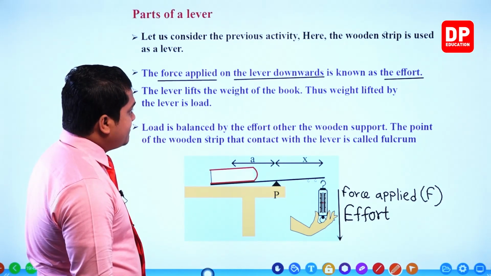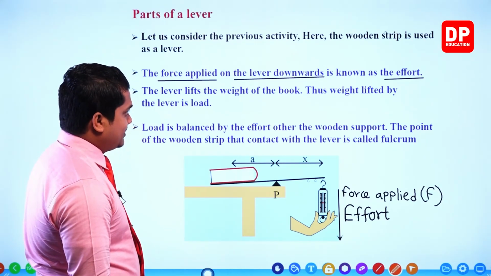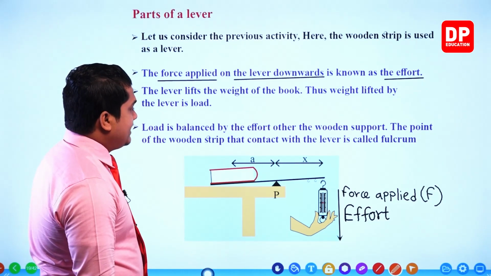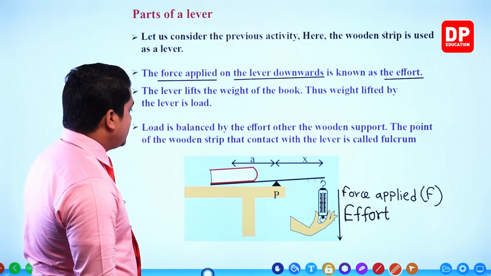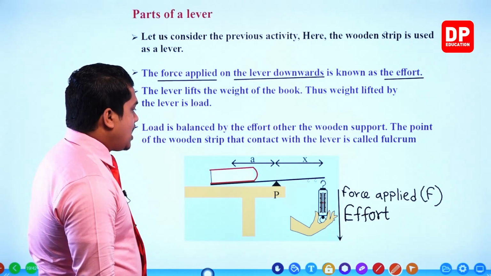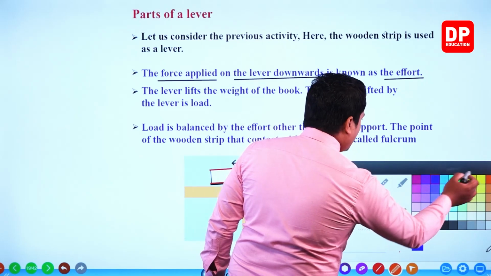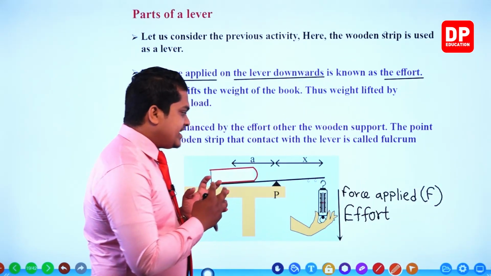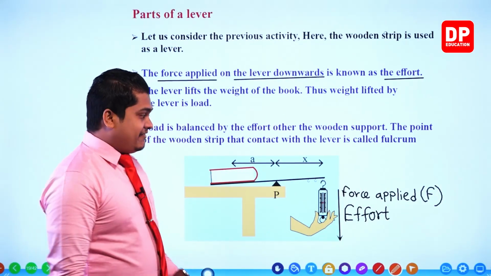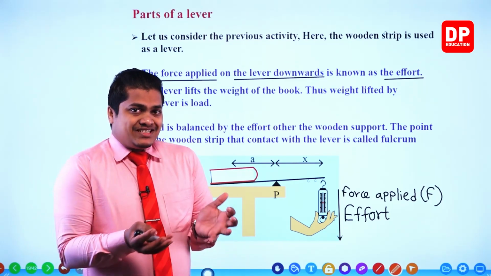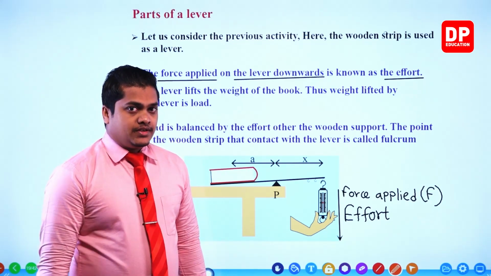Then the lever lifts the weight of the book. Thus, the weight lifted by the lever is the load. The second fact, my dear children. Now, a lever is being utilized to lift a certain weight. Only we use the lever to lift a certain mass or weight.